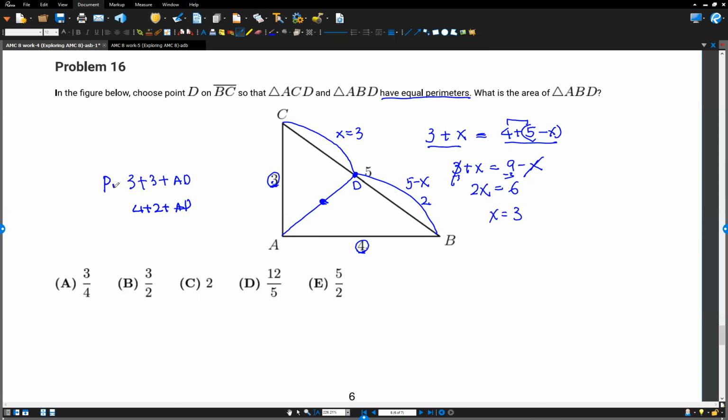This is perimeter 1, this is the second triangle's perimeter 2. 3 plus 3 plus AD equals 6 plus AD. They are equal. Now we know this point is 3 units away from this point.